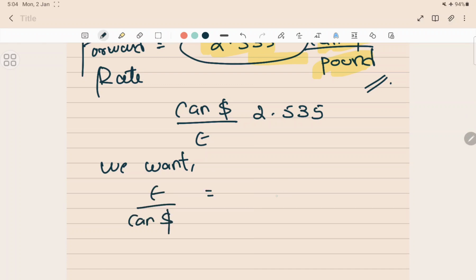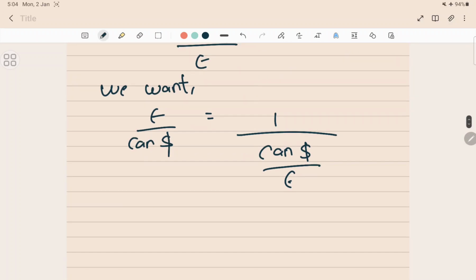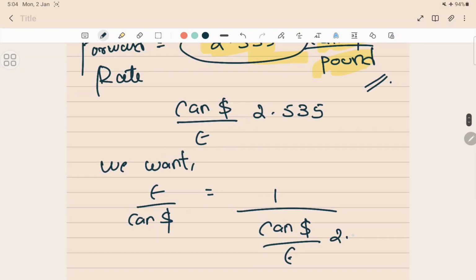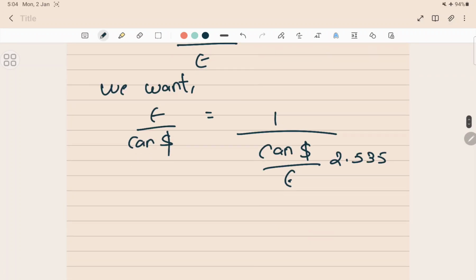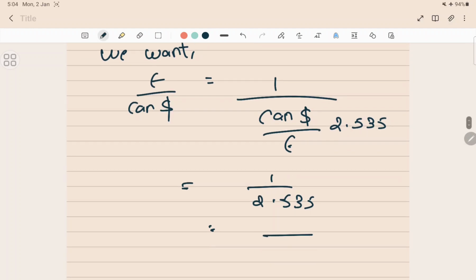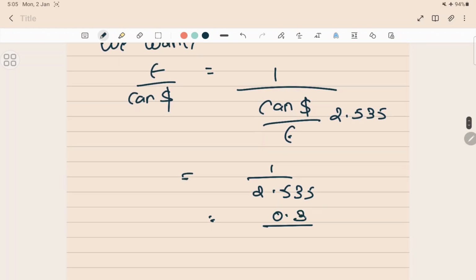How do we get this? Inverse the quote available, 1 upon Canadian dollar upon pound, which is 2.535. So 1 divided by 2.535 is 0.394 pound upon Canadian dollar.